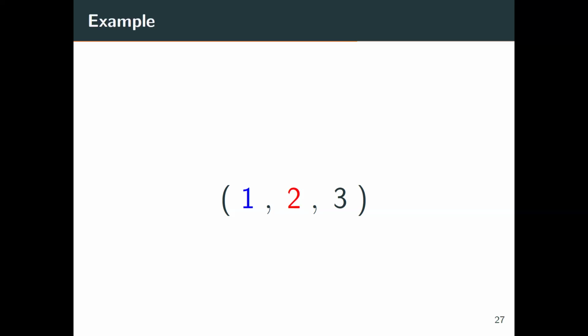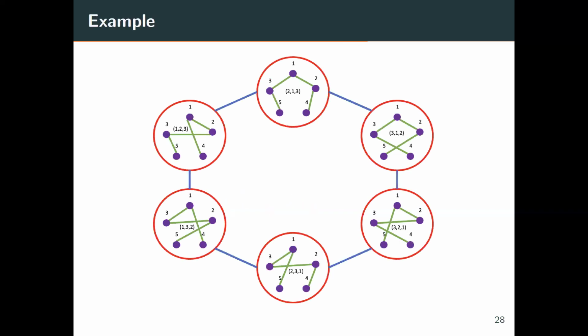That means that the sequence 1, 2, 3 will be adjacent to the sequence 2, 1, 3. So we can build this graph where the vertices are all the permutations, and we look for these adjacencies. And here is the associated graph. And here also appear all the trees corresponding to that sequence.